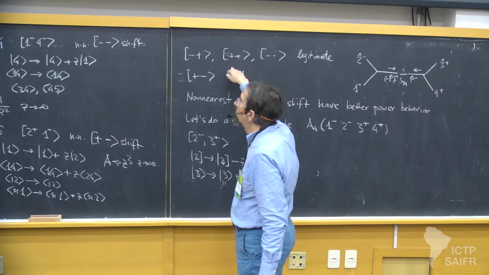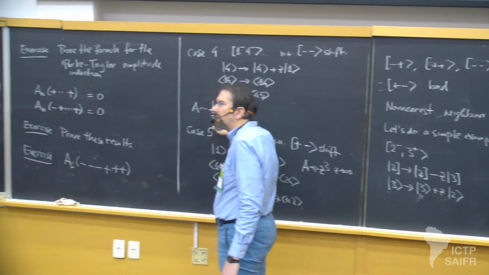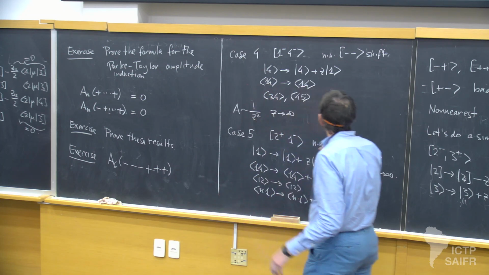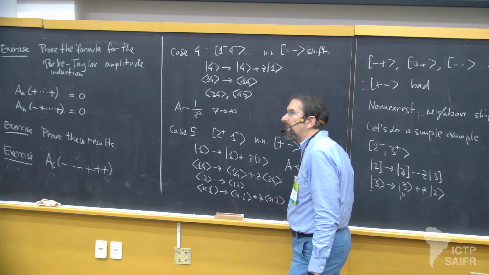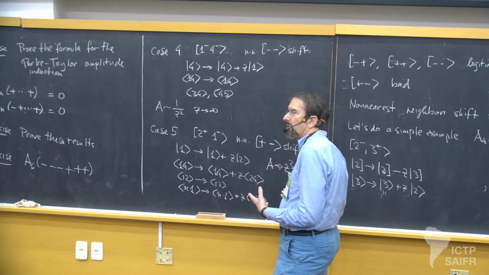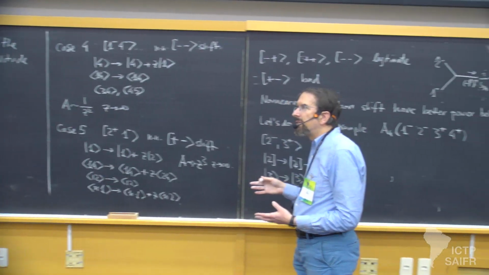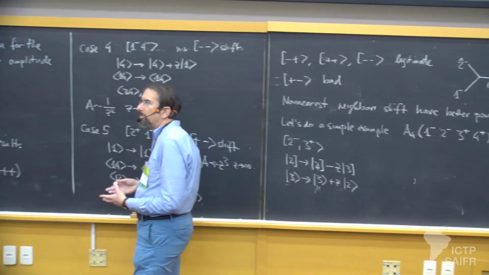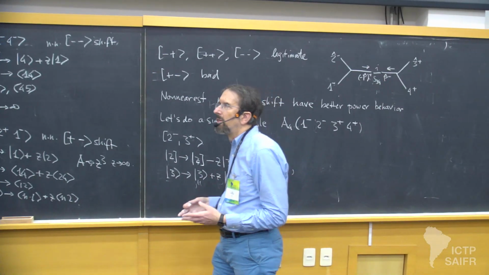So when I say they're a good shift, I mean that the amplitude has a scaling behavior as z goes to infinity that allows you to use that shift for the BCFW. When the shift is bad, then it corresponds to one of these shifts where the amplitude is actually growing, so you cannot use that shift for the BCFW. And of course, we only saw this by looking at the example of the Parke-Taylor amplitude, but it turns out that those patterns do hold more generally, and you can actually prove that.